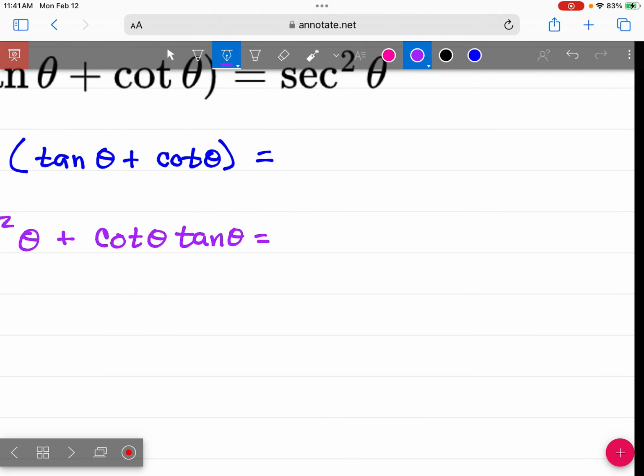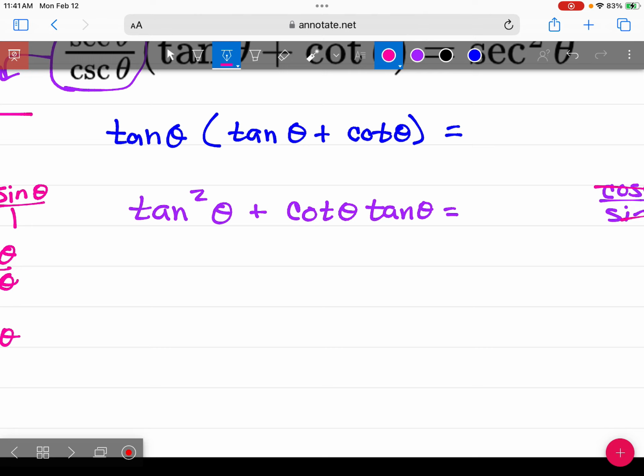Remember cotangent, that's cosine over sine. And tangent is sine over cosine. So cotangent, tangent, everybody cancels out, and we're just left with 1. So what we have is tangent squared theta plus 1.